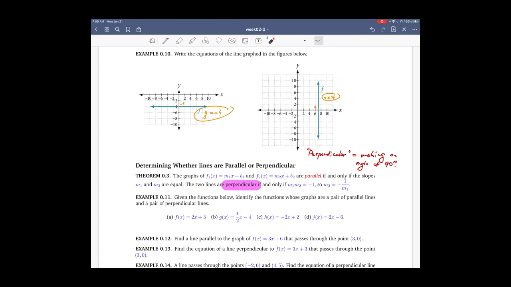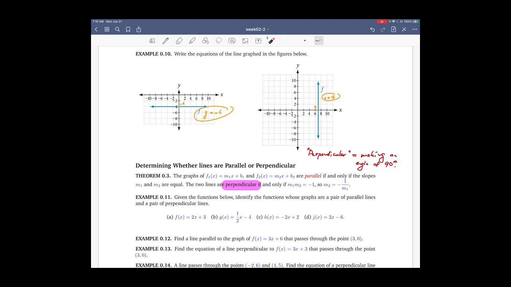Note that both conditions are if and only if. So lines are parallel if slopes are equal, and vice versa. If slopes are equal, lines are parallel. And if lines are perpendicular, then the product of slopes is -1. And if the product of slopes is -1, the lines are perpendicular.